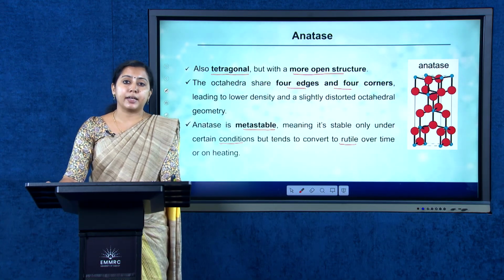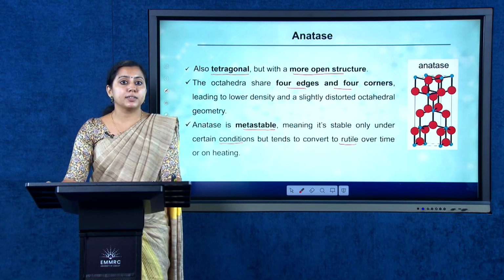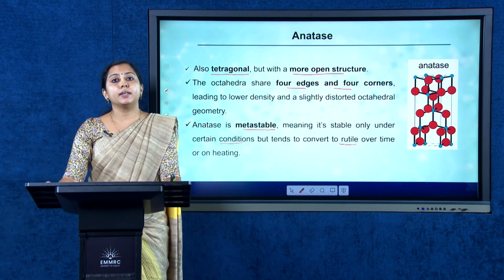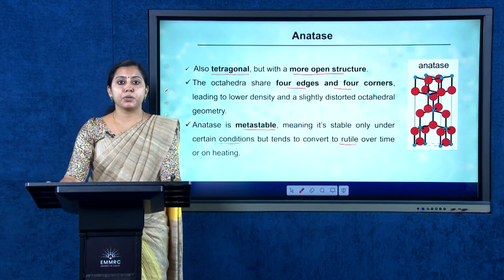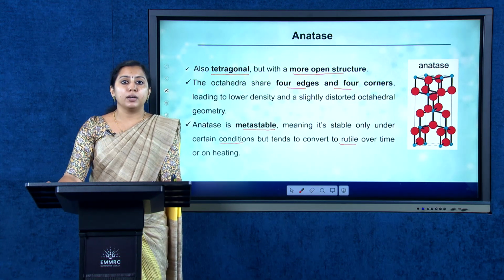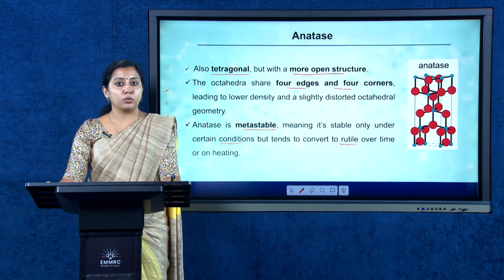And another characteristic feature of anatase is that it is metastable. That means it is stable only under specific conditions of temperature and pressure. Any minute changes occurring will convert anatase into the rutile phase.